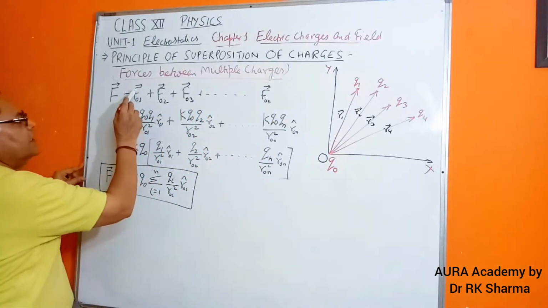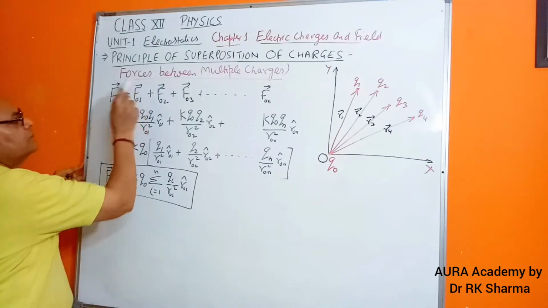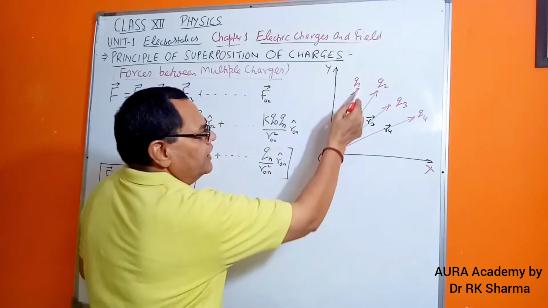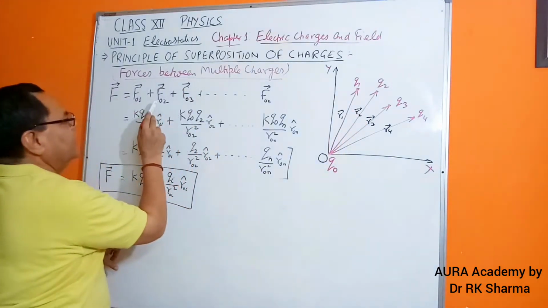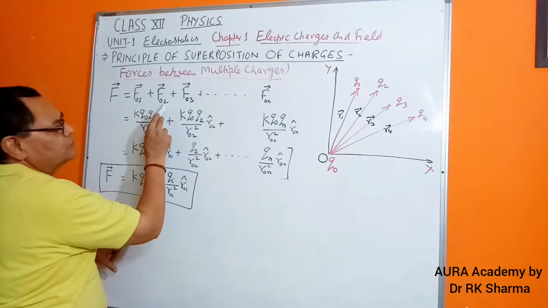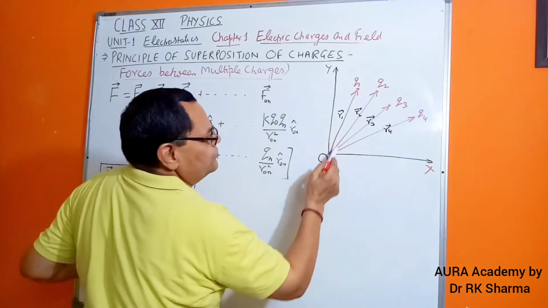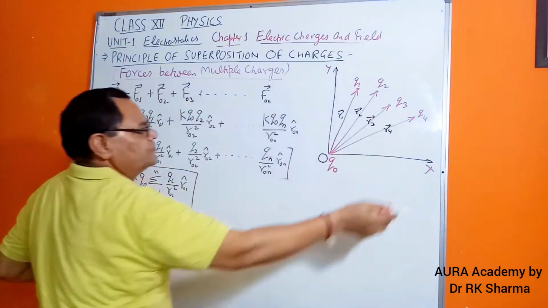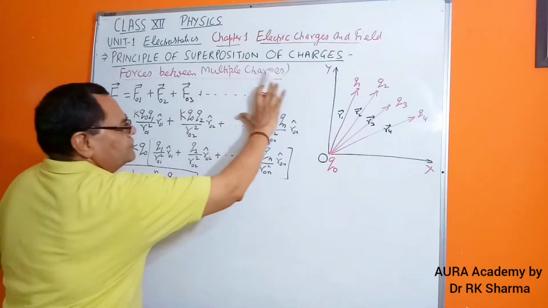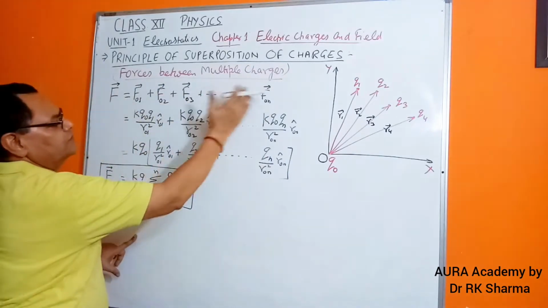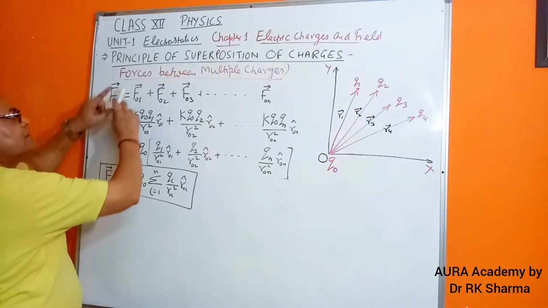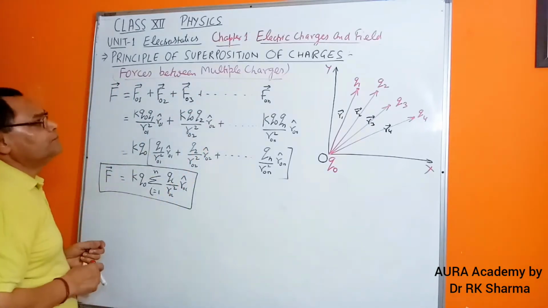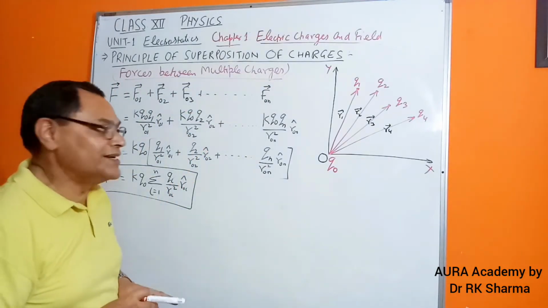I have marked F01 as the vector for the force between q0 and q1. Similarly, F02 is the force between q0 and q2, then q0 and q3, and so on. We add them vectorially. This vector addition of all the forces is the net force, and this is called the principle of superposition of charges.